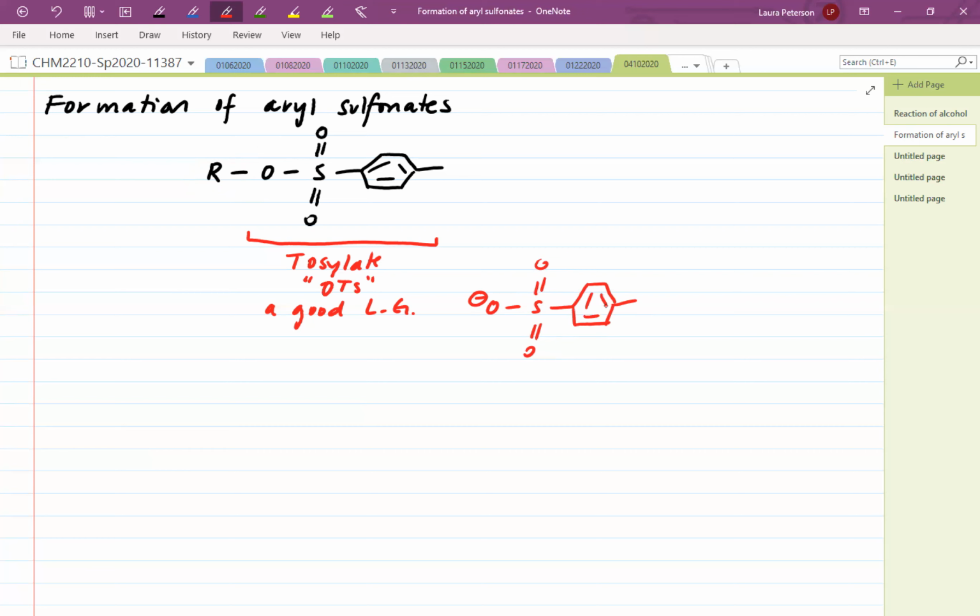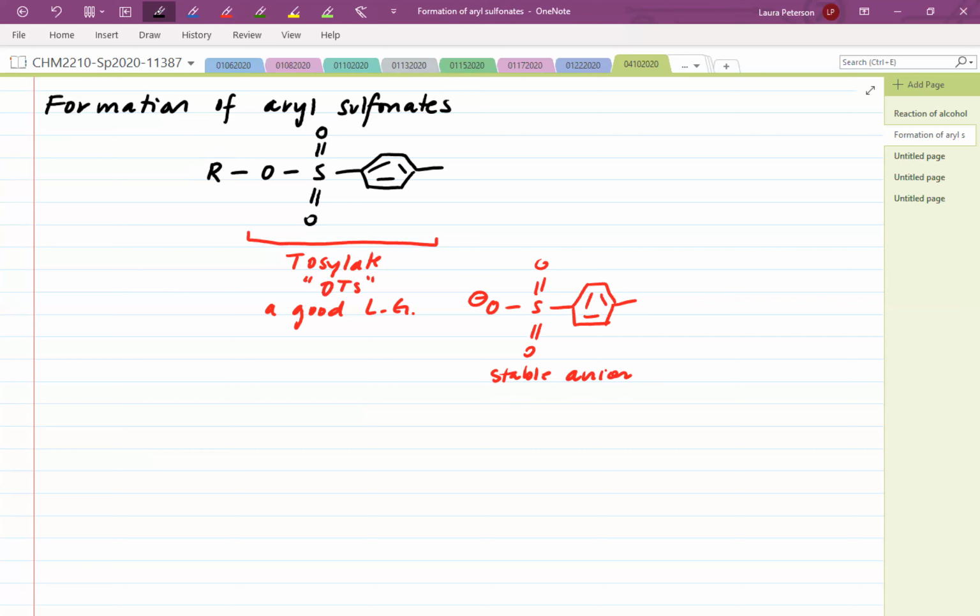What is controlling the stability of that oxygen anion? Why would that be a particularly stable oxygen anion? Notice how there's resonance into the two other oxygen atoms, into the two sulfur-oxygen double bonds. That's a stable anion, so it ends up being a good leaving group.